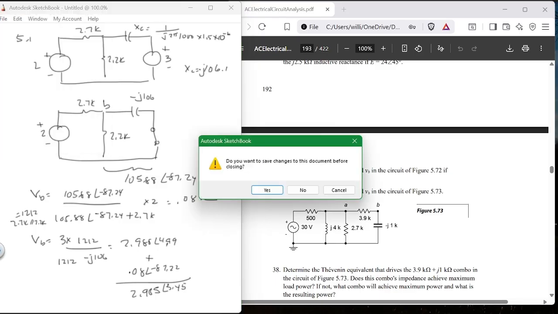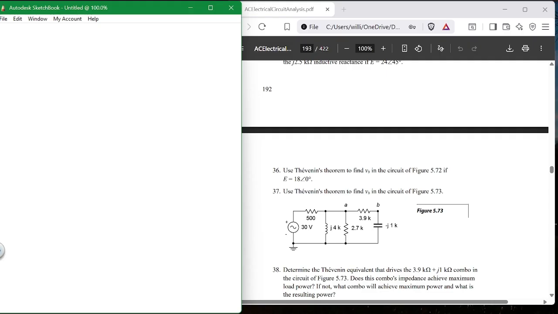All right, so what do we do? We take scissors and we cut the capacitor out. Okay? So now it's not so bad if we do that, to find VB, because here's 500 up here. Here is a J, 4K, and here's a 2.7K.